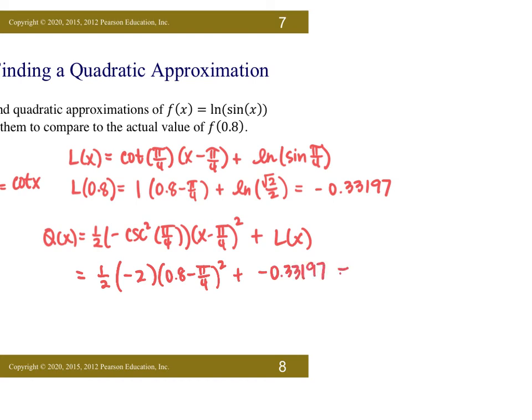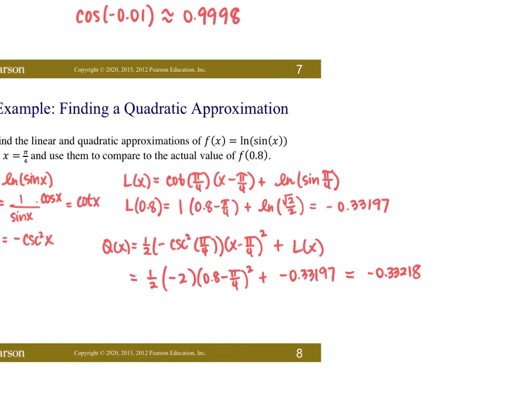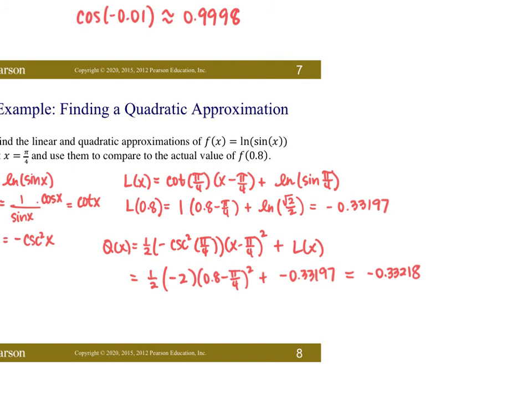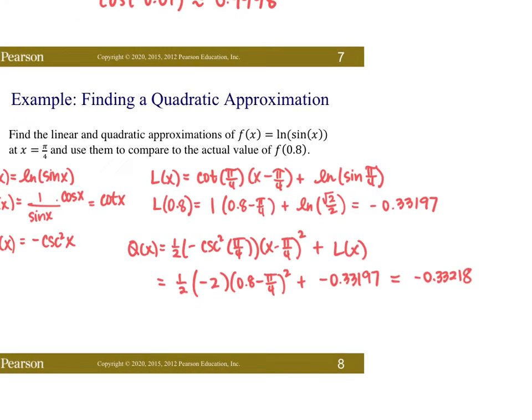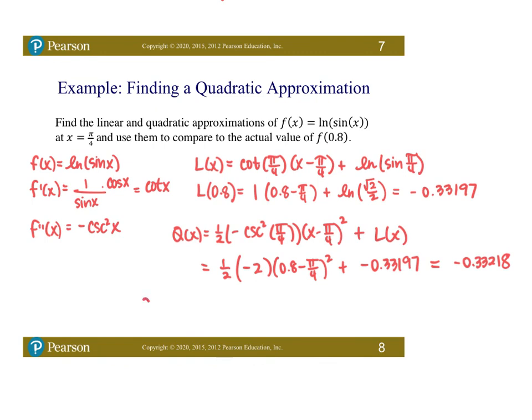All right, so let's see what that comes out to be. And I get negative 0.33218. So the quadratic approximation is going to be a little bit different from the linearization. So let's compare that to the actual value of f of 0.8.